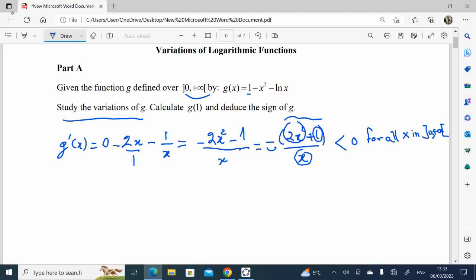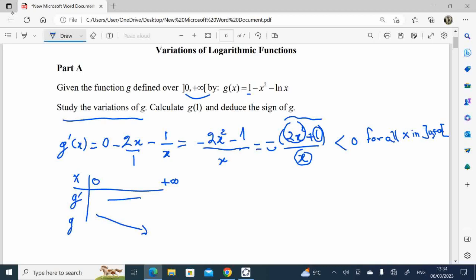So if I set the table of variation of this function, this is x, this is g prime, this is g. So the domain is 0 plus infinity, g prime always negative, so the function g is always decreasing.